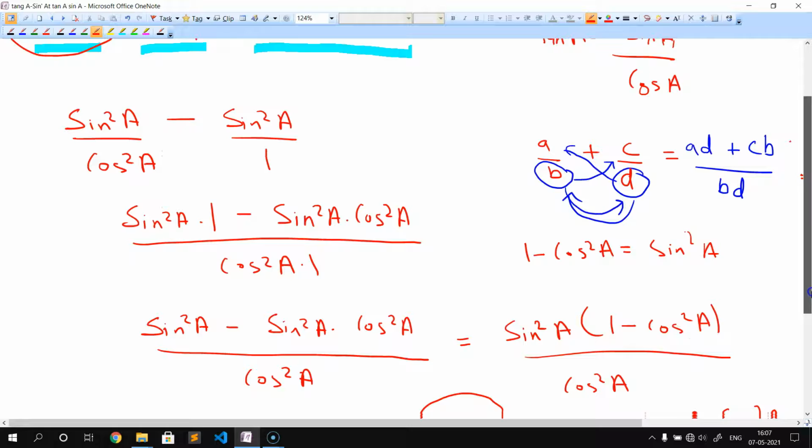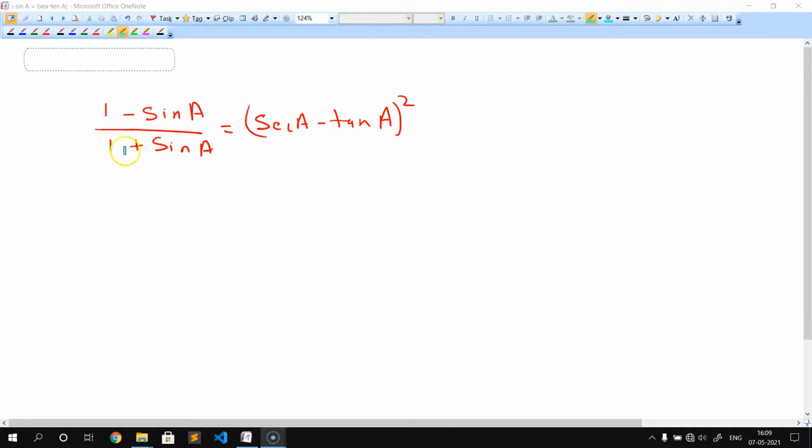Tan square A dot sine square A, and here in our numerator it is given that 1 minus sine A upon 1 plus sine A, which we have to prove equals (sec A minus tan A) whole square. So in this we will rationalize the denominator.